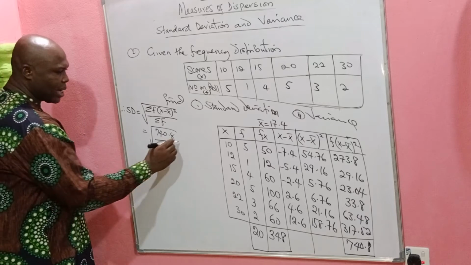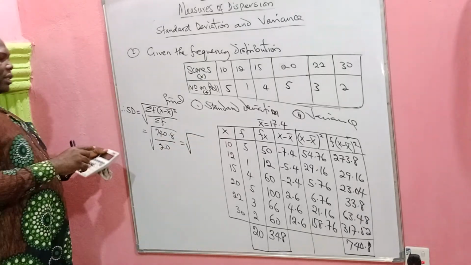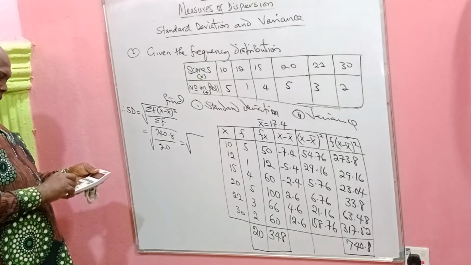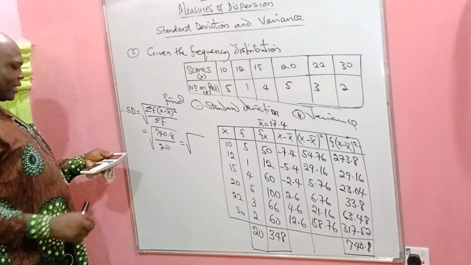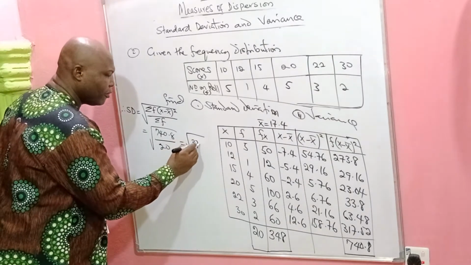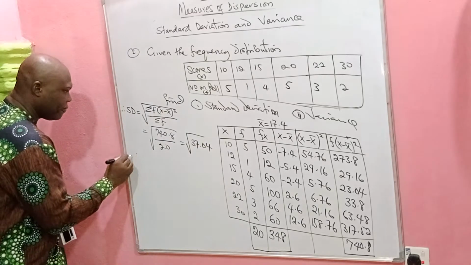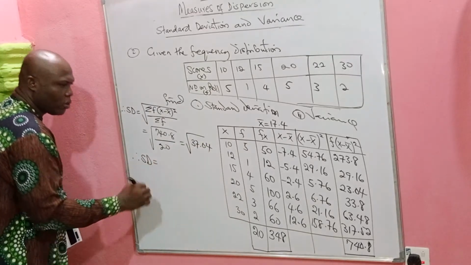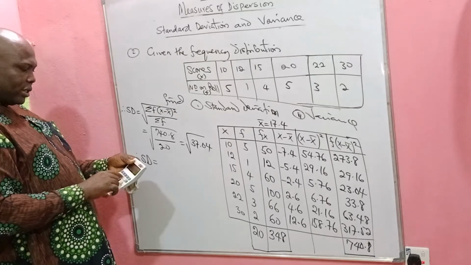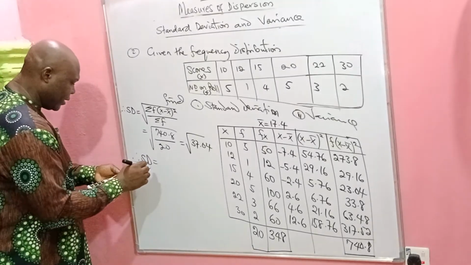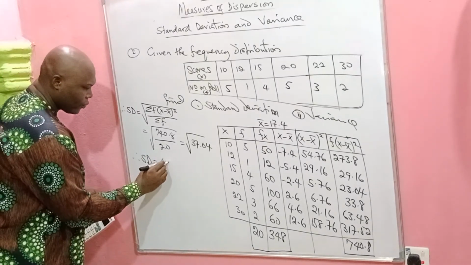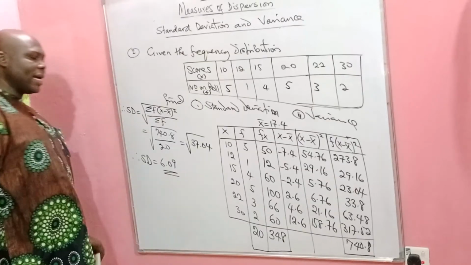You have 37.04. Therefore, the standard deviation will be equal to the square root of 37.04, which gives us 6.09. So that's our standard deviation.